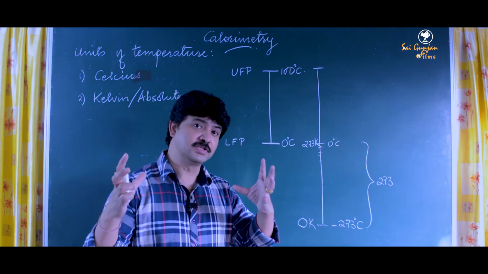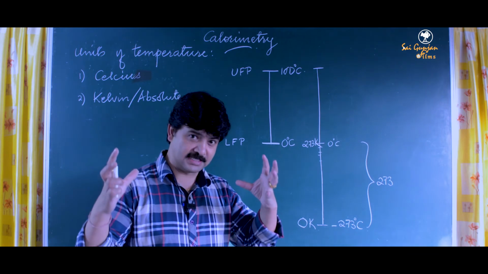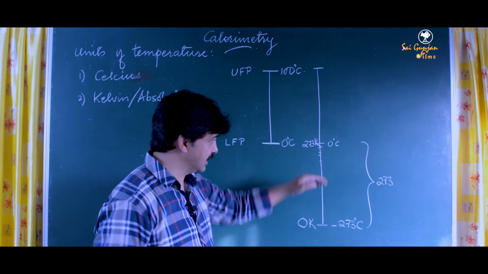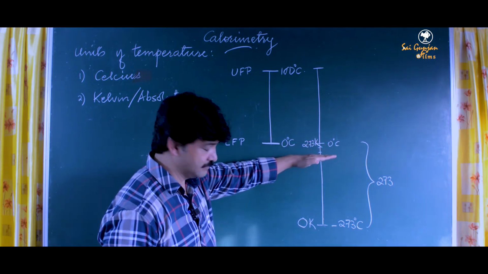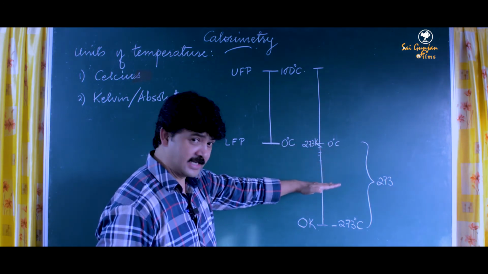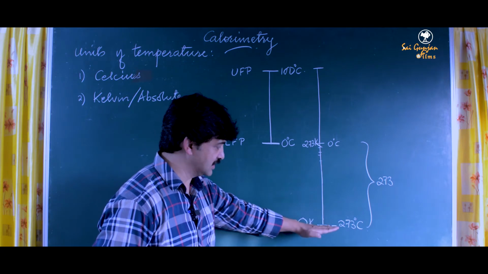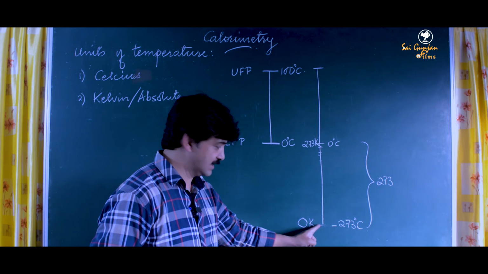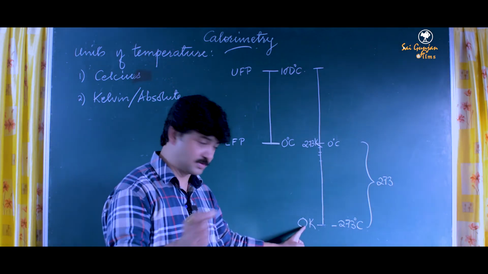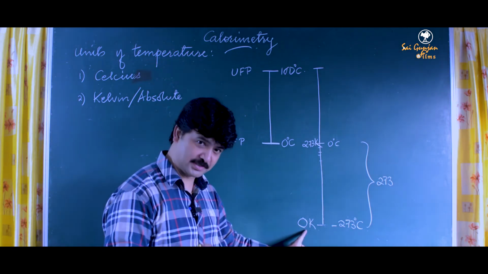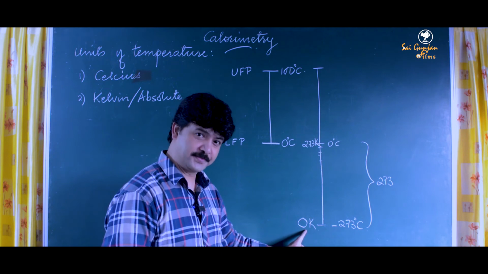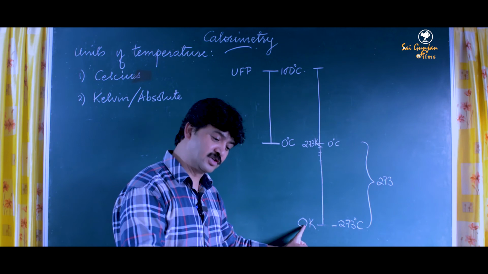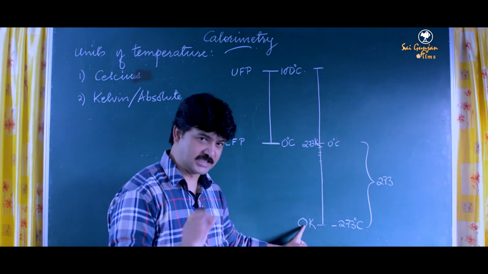Because we know from Charles' law that as the temperature decreases, volume also decreases. As the temperature goes on decreasing, volume also goes on decreasing, and ultimately volume becomes 0 at this temperature. That's why this is called absolute 0. At this temperature, both the pressure and volume will become 0.